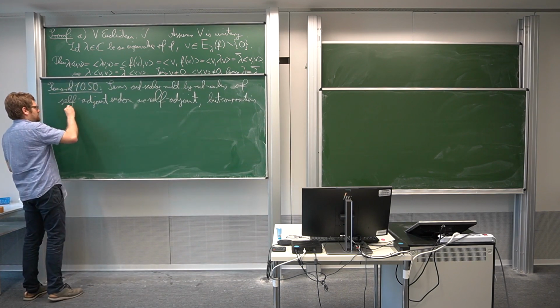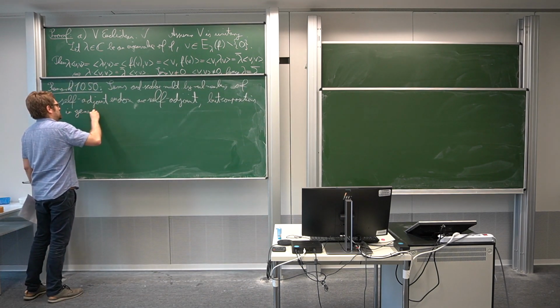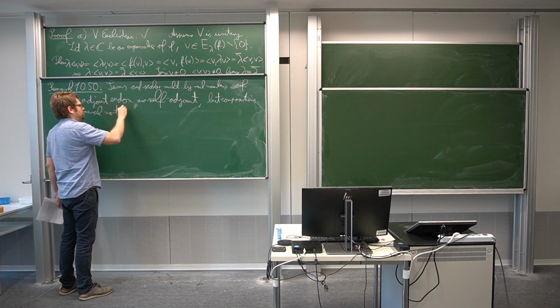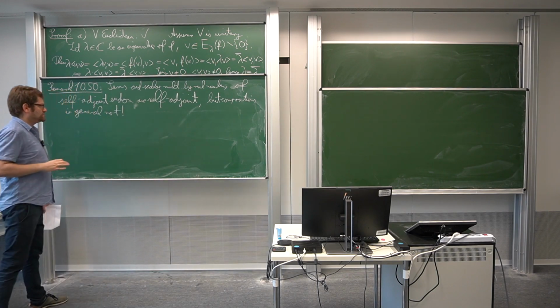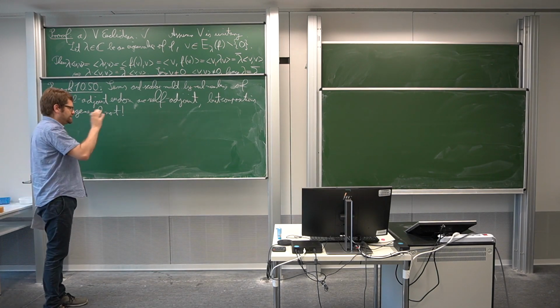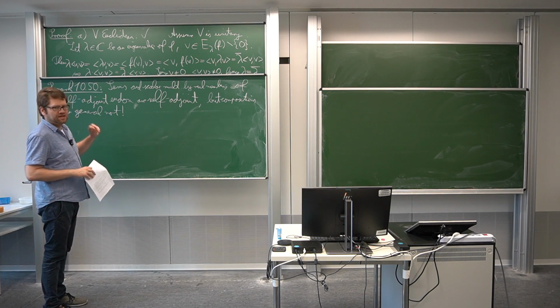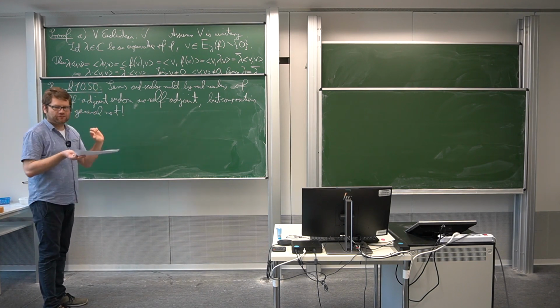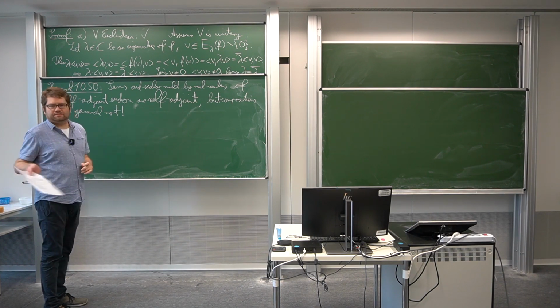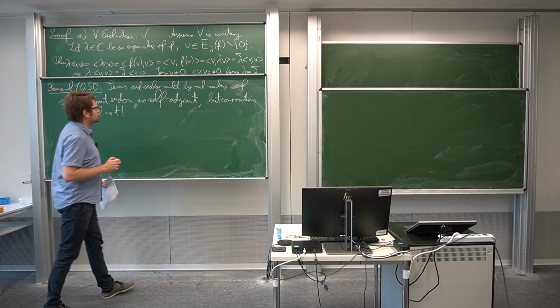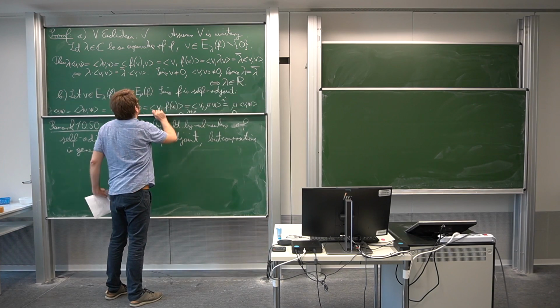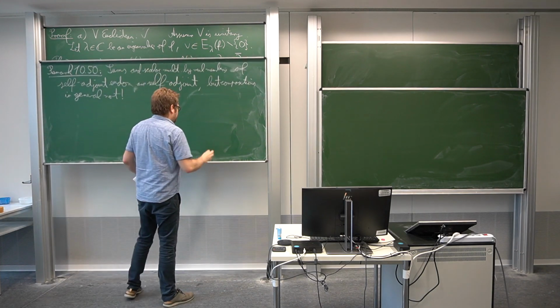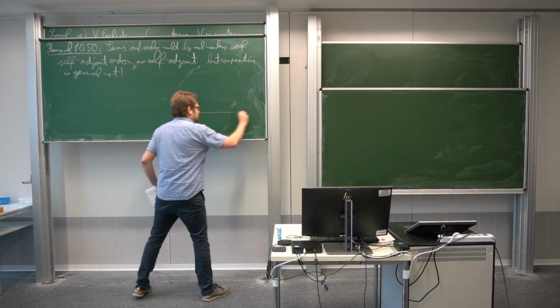Compositions in general not. And I will see if I have space on the next exercise sheet. I might put an exercise related to this as well. But if you take the relation and write down compositions, there's so far no direct reason why this should be the case. So why? Because in general, when you write down, so if f and g are self-adjoint, let's squeeze this here into the corner.